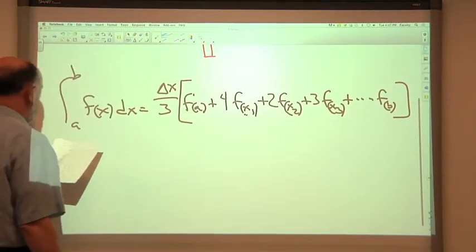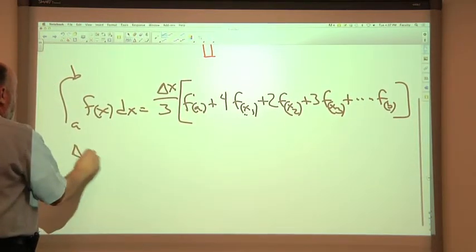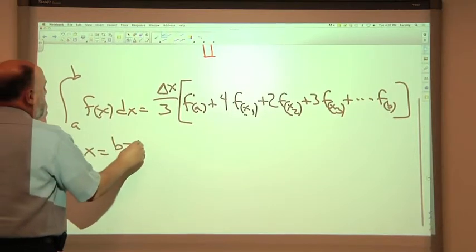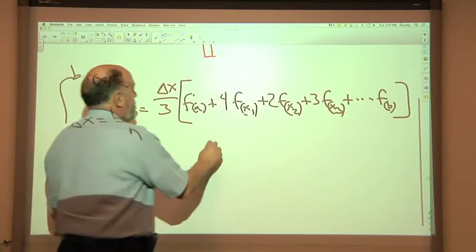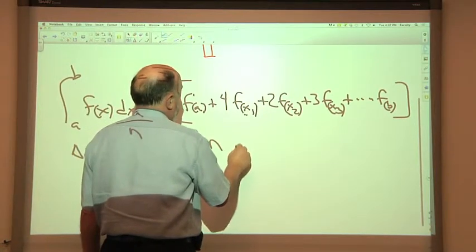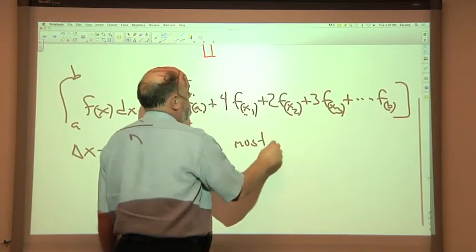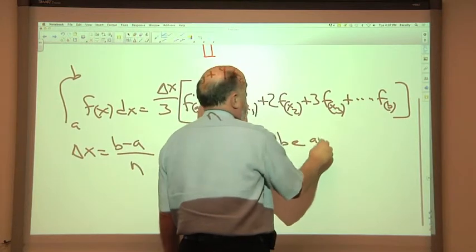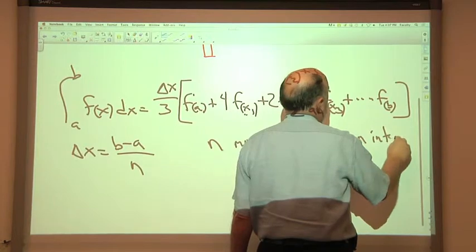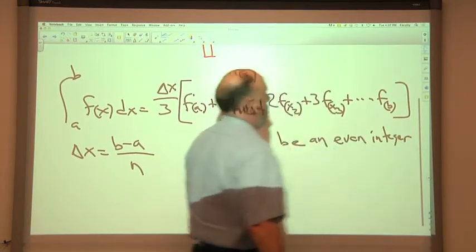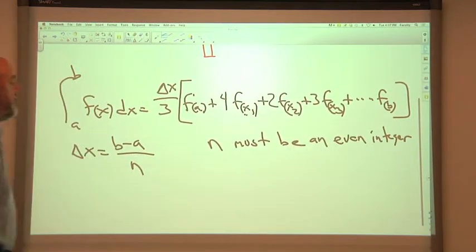And again, delta x is equal to (b minus a) over n. And in this case, n must be even.